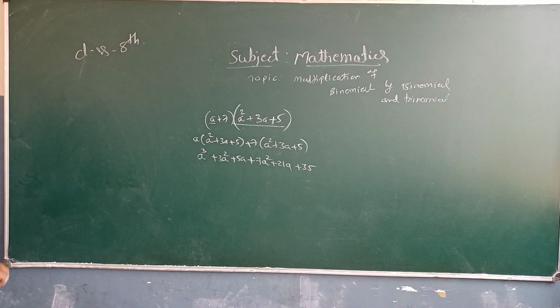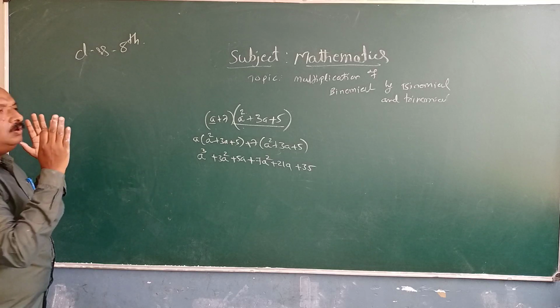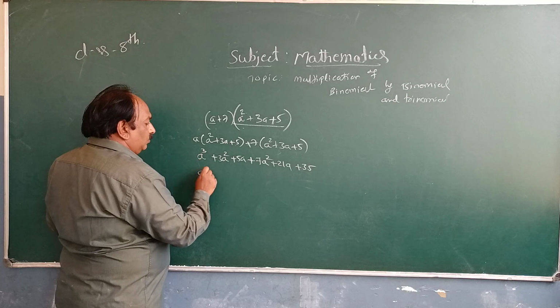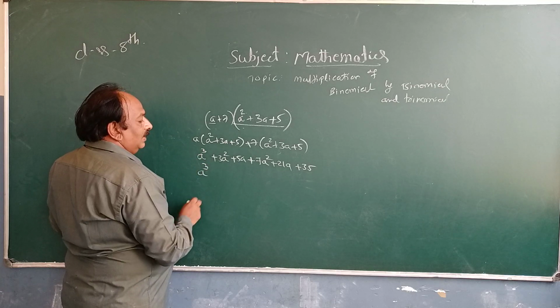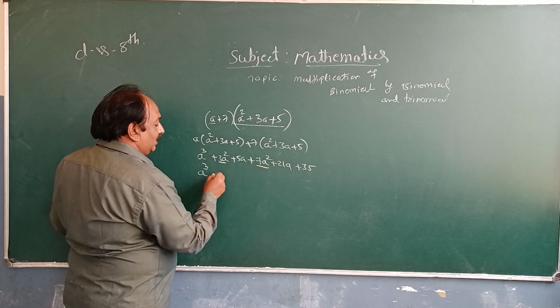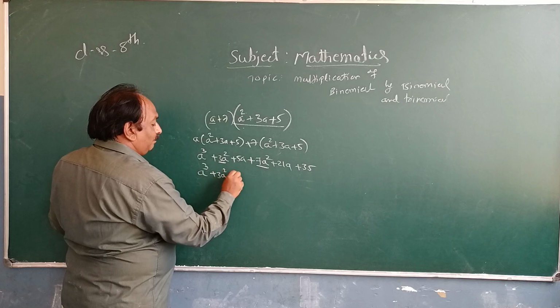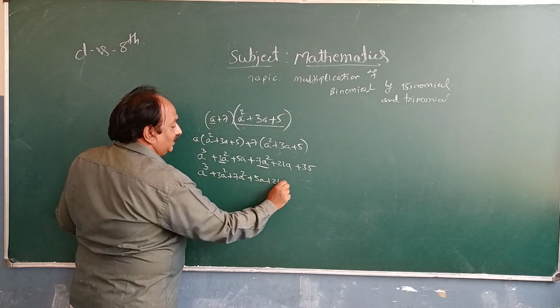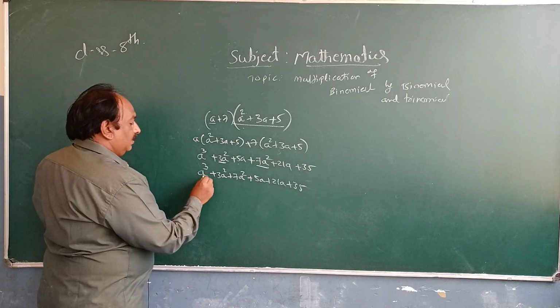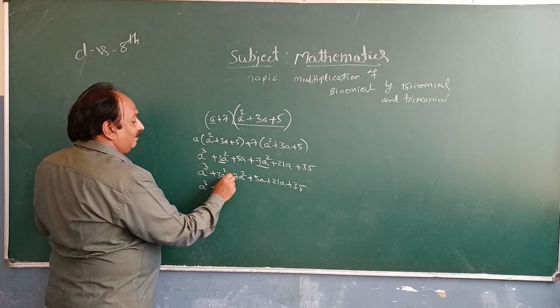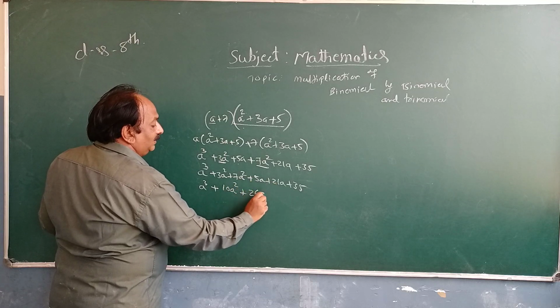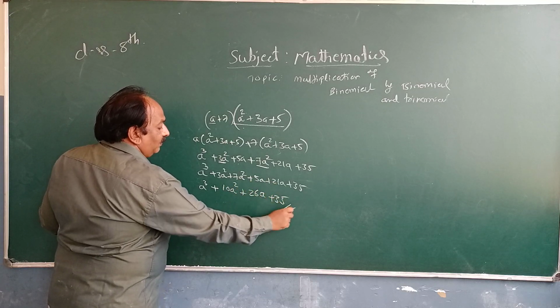Now after writing this, you have to observe which are the like terms here. a cube as it is. Like terms: 3a square and 7a square, 3a square plus 7a square plus 5a plus 21a plus 35. a cube, 7 plus 3 is 10a square, 21 plus 5 is 26a, plus 35.